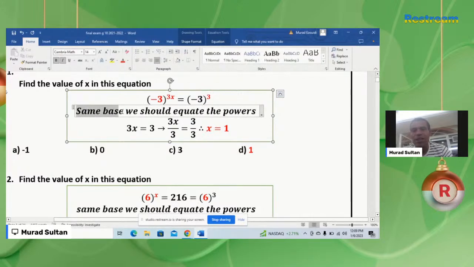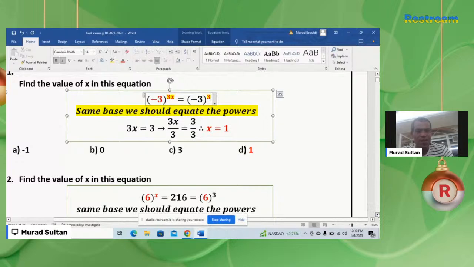Same base means you should equate the indices. Therefore 3x is equal to 3. Just divide both sides by 3, you will get 3x divided by 3 is 3 divided by 3, therefore x is equal to 1. So the correct option here is 1.